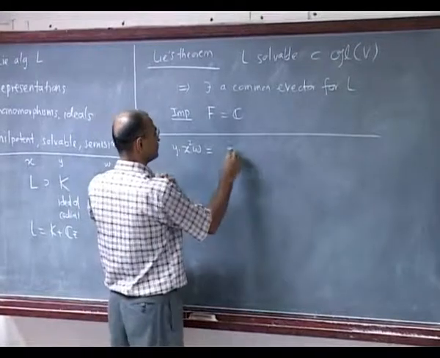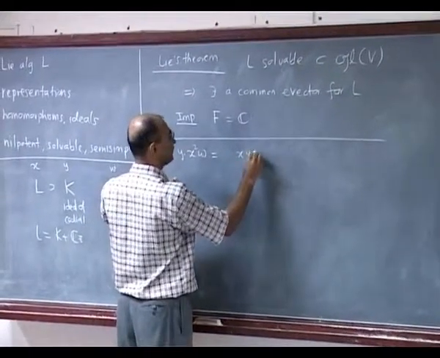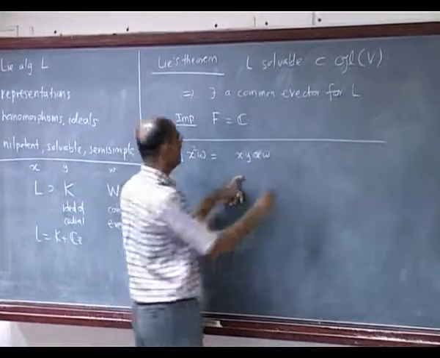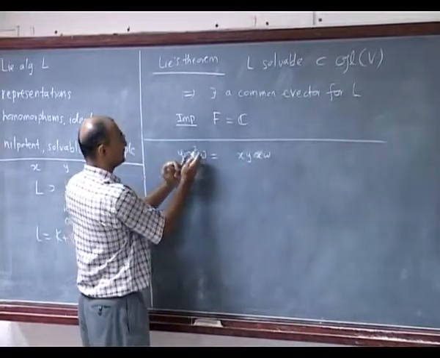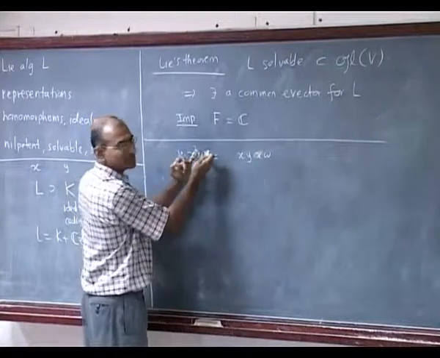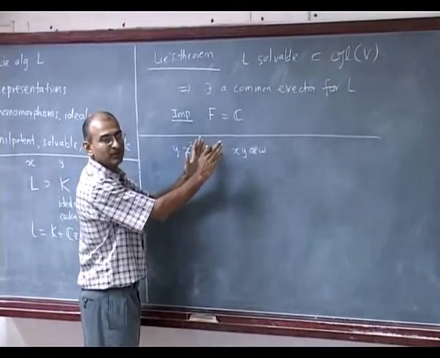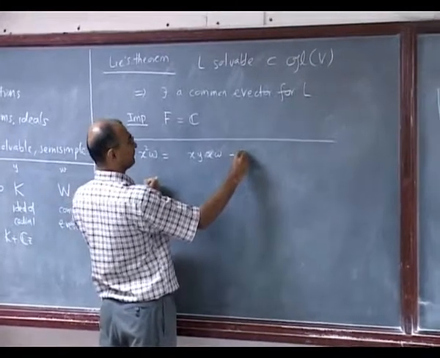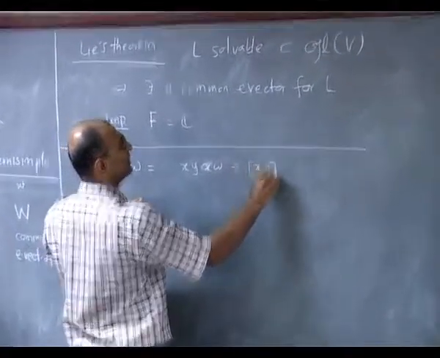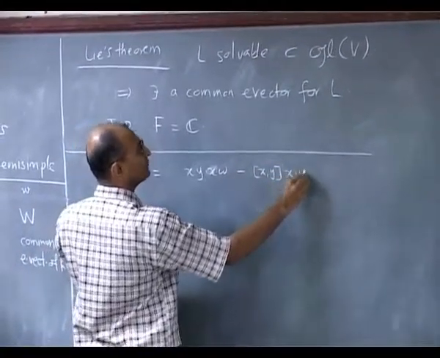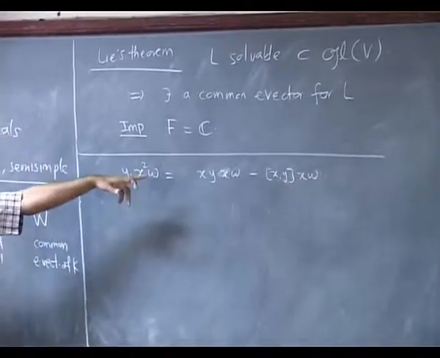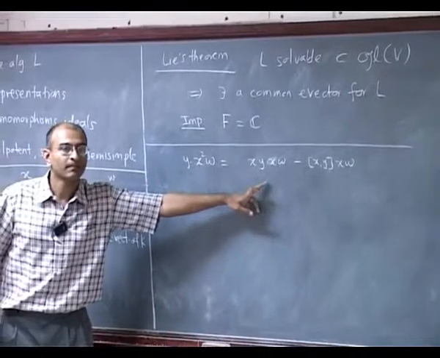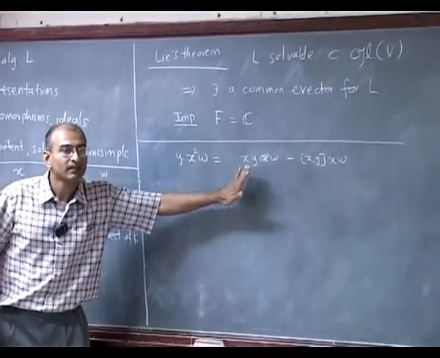But this is okay. So this is going to be x on y x w, and so basically this is y x x w. The x w I am going to keep the same, and then minus the bracket of x y with x w. Is this okay? This is just a straightforward calculation, I think. This is correct, no? Yes?